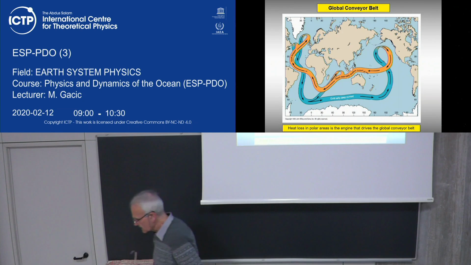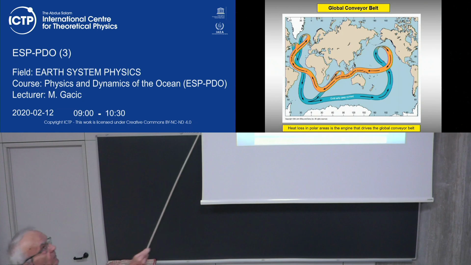The two-dimensional scheme is this thing here, which is again a very simple concept of the global circulation, the global conveyor belt. We call it the global conveyor belt, the global circulation in the world ocean, due to the thermohaline circulation, due to the heat losses in the polar areas.